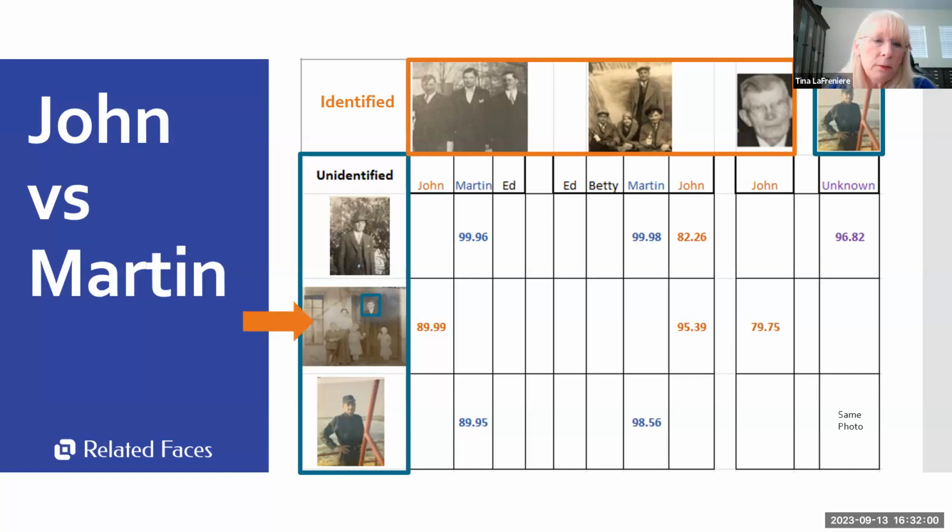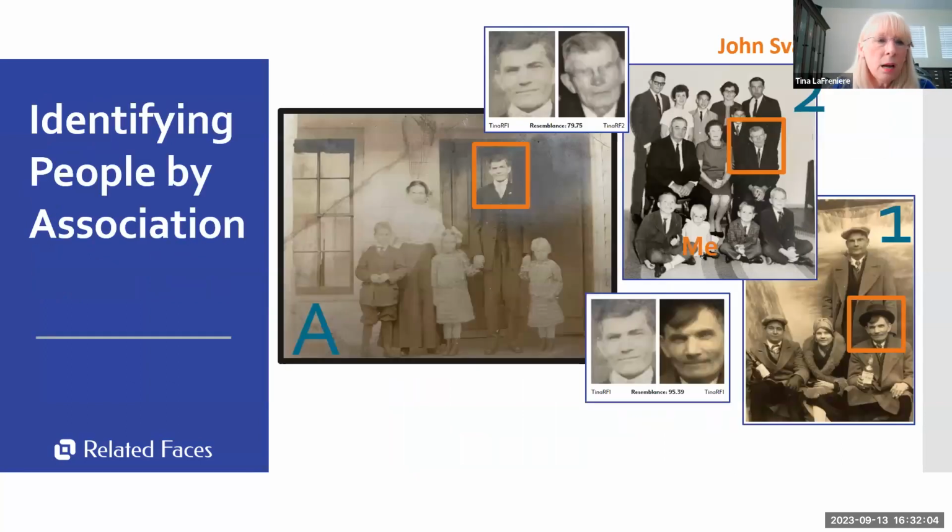But the family photo is the one I want to talk about. Many times, identifying a single person in a photo can help you identify every other person in the photo simply by association. In photo A, most of the faces are blurry except the father. My family thought it might be a family photo of the Swankars.